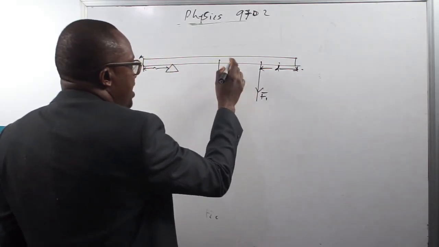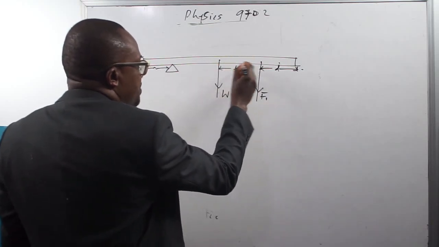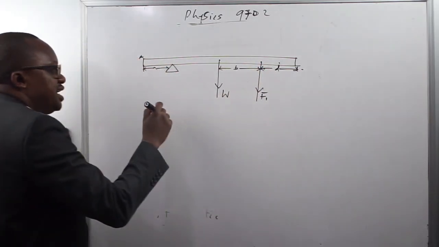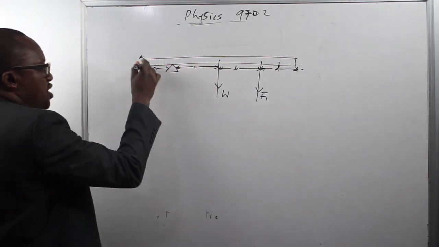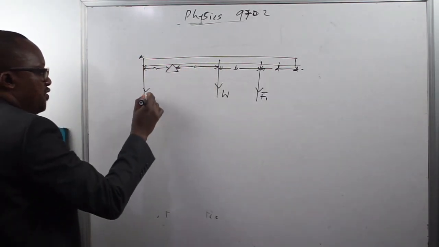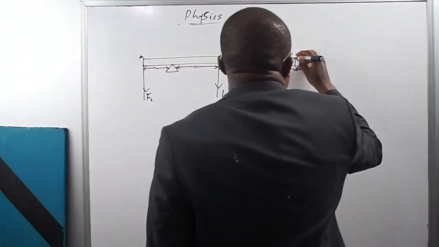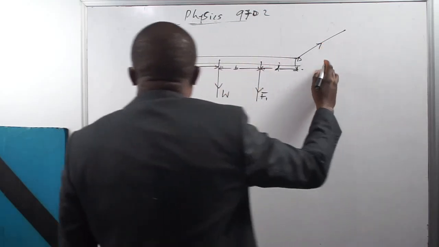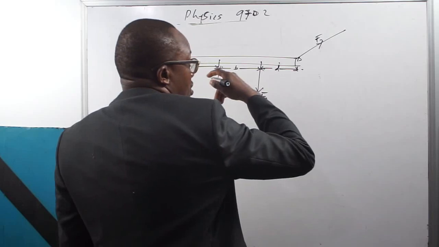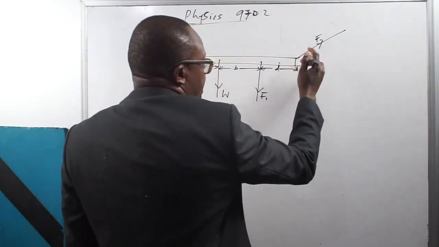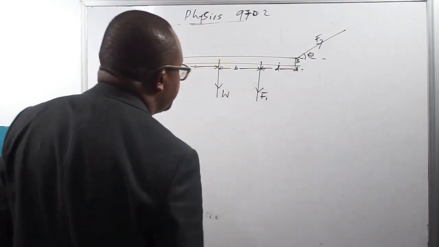Distance between the weight and F1, let's say it is B, while distance between the weight and the pivot here, it is C. So let us say you have another weight of F2 at end A of the bar, while we have a force F3 suspended at end B of the bar, which is making an angle of theta to the horizontal.